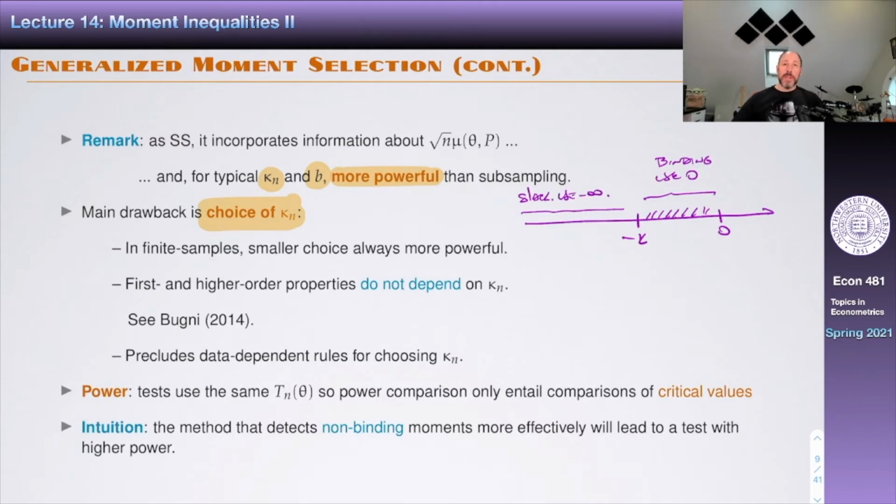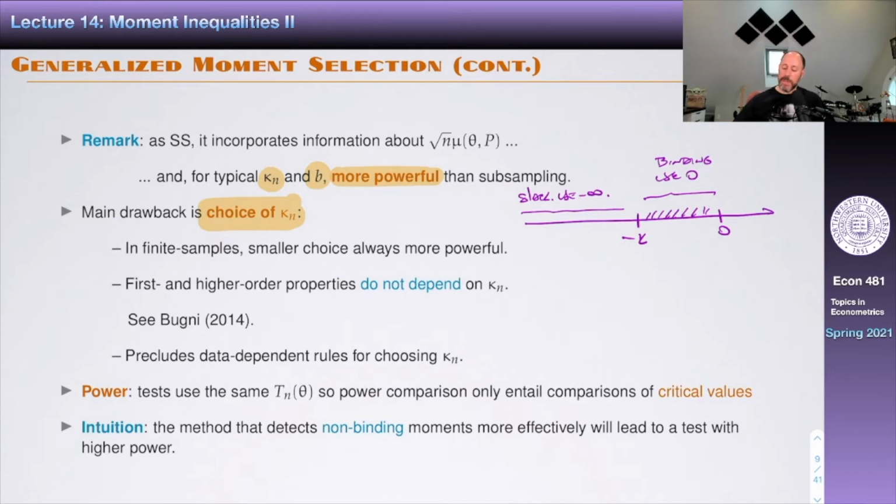We know that 0 is a conservative bound. So when you look at this picture, the area where you use 0, ideally you want it as small as possible because you're better off using negative infinity when you think about power. The problem is that if you make kappa too small, then you're not going to control size because you're not going to have a valid upper bound.